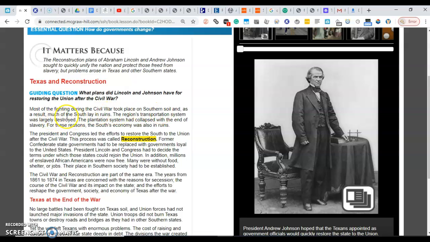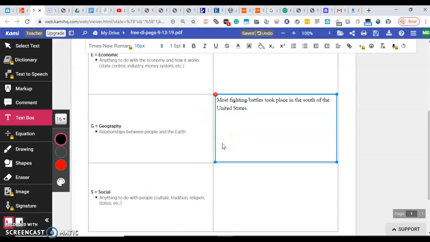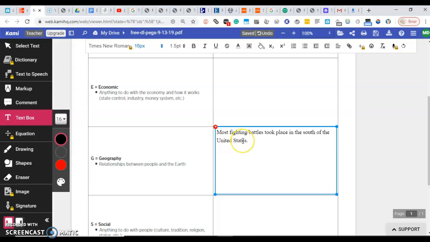Alright, and as a result, much of the South lay in ruins. The region's transportation system was largely destroyed. Okay, yet again, that is another geographic idea. So with that, I would probably put a dot or some way to denote, but I'm not able to do that right here.